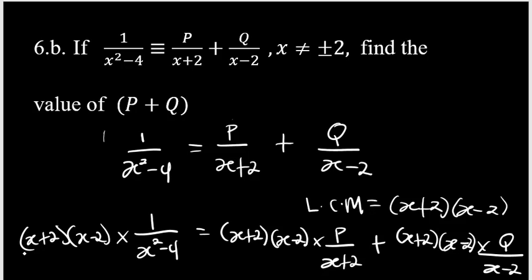So in this case, what is going to happen? This x plus 2, x minus 2 is going to cancel this particular expression, that is the x squared minus 4. When you come to this side, the x plus 2, that is this denominator, is going to cancel this x plus 2, so you'll be left with x minus 2 multiplying the p. And when you come to this side, the x minus 2 is going to cancel this x minus 2, so you're going to be left with x plus 2 multiplying q.